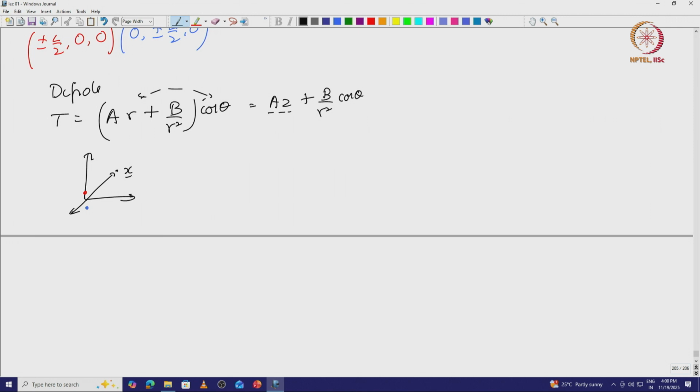In a similar manner, this growing harmonic basically corresponds to heat conduction between a hot surface and a cold surface, where the temperature varies linearly with z.